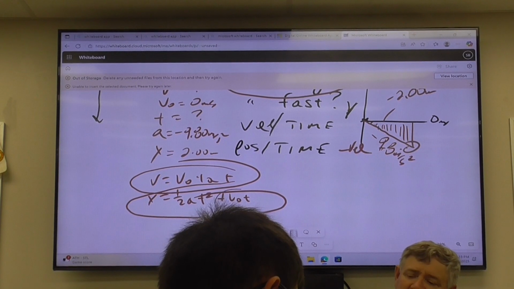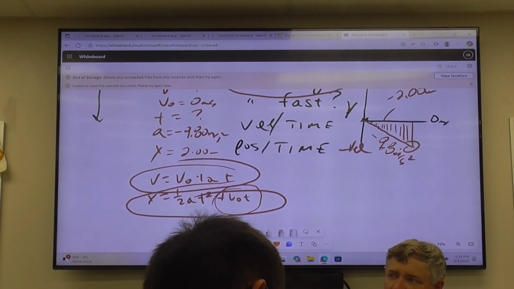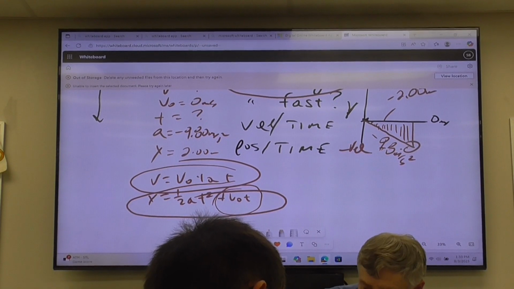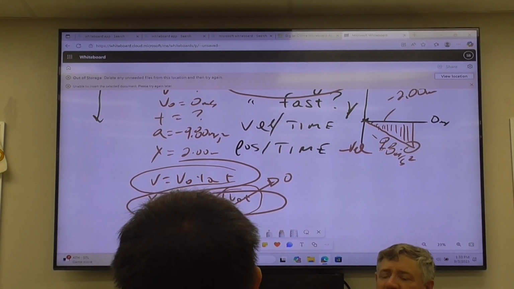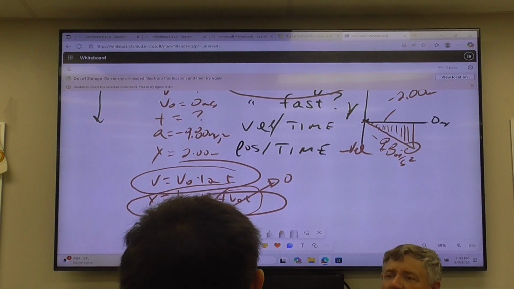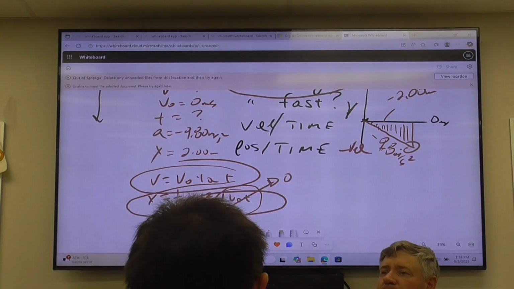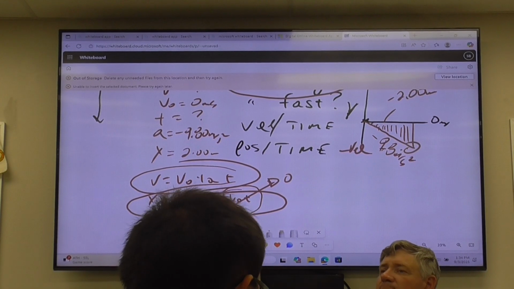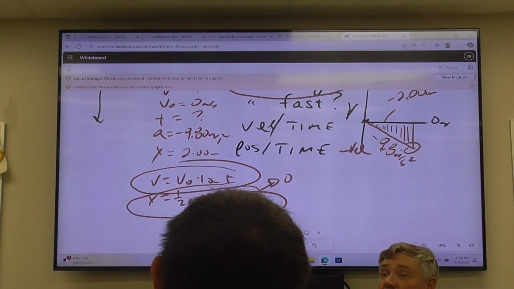Because I'm dropping it, what's my initial velocity? 0. So this whole part of the equation goes away. I've got X equals 1/2 AT squared. I need that equation solved for time. And I hate fractions. What am I going to do? Multiply by 2.